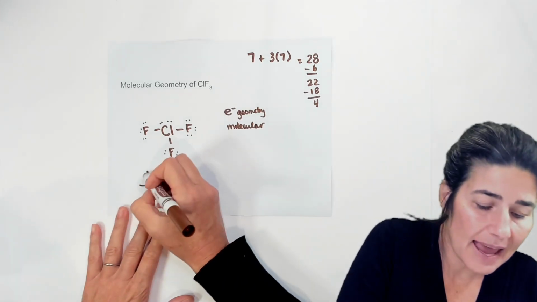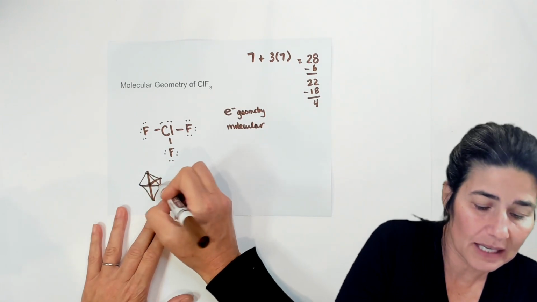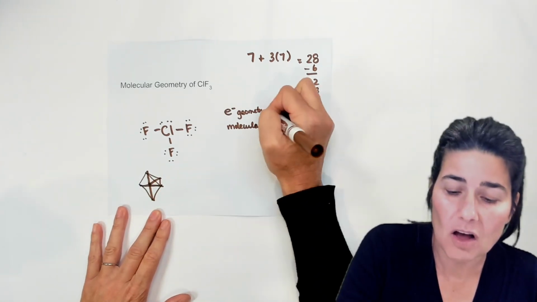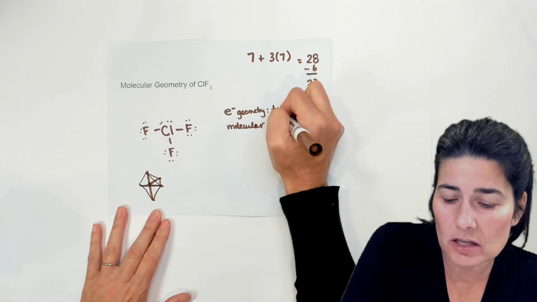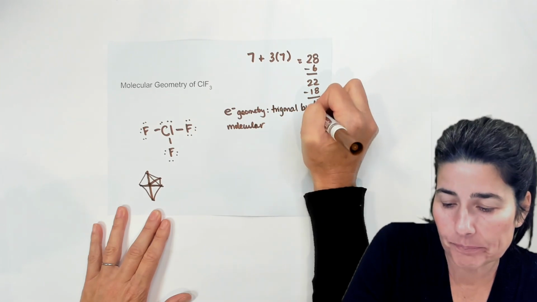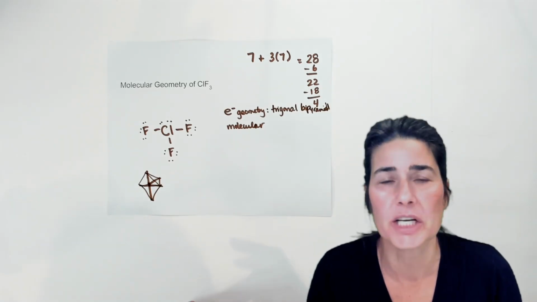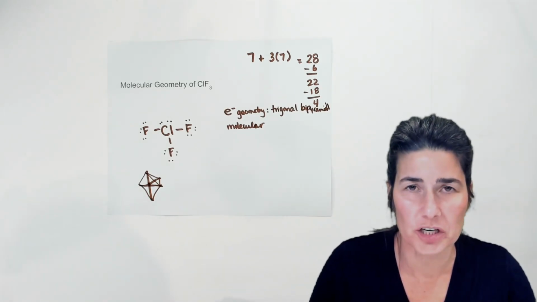This is a pyramid on top and a pyramid on the bottom. We call this trigonal bipyramidal. Okay, so all of the electrons go into a trigonal bipyramidal structure.